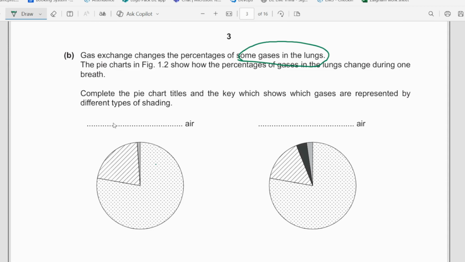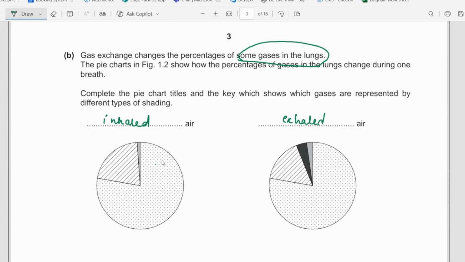Let's make this the gray one, the dotted one. Inhale here and the second one is exhale here.